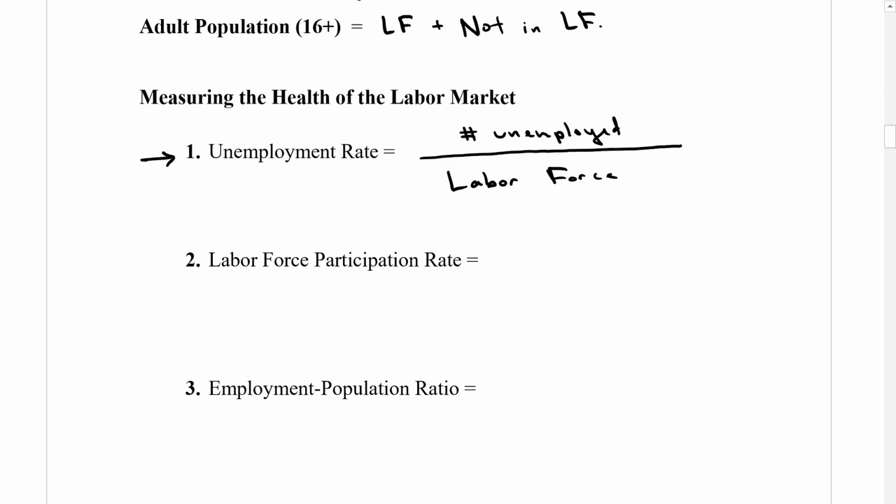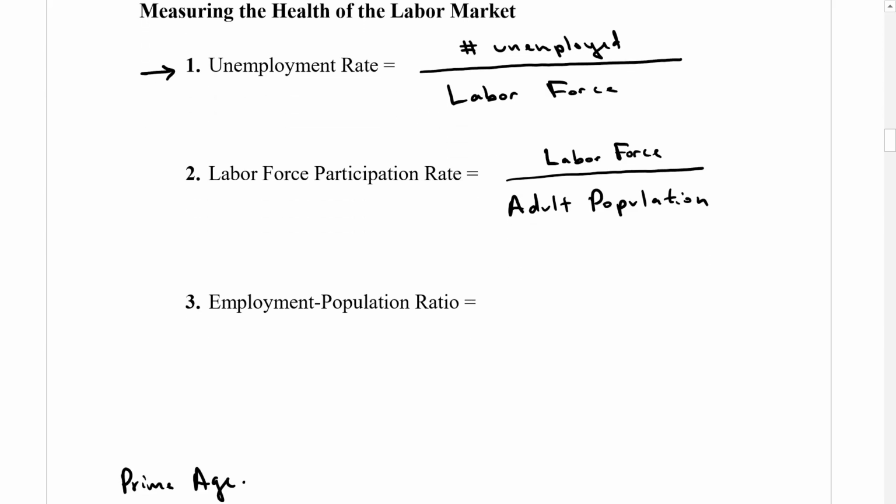Another one is the labor force participation rate. So this one is the labor force divided by the adult population. And then finally, the employment population ratio. This is the number of people employed divided by the adult population.